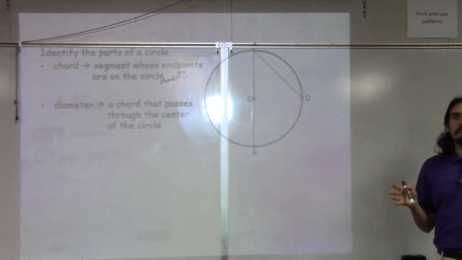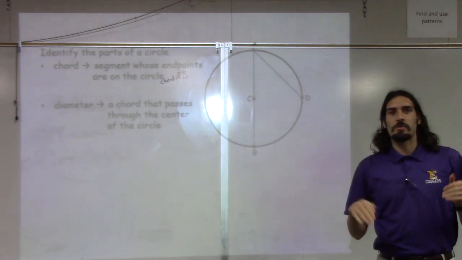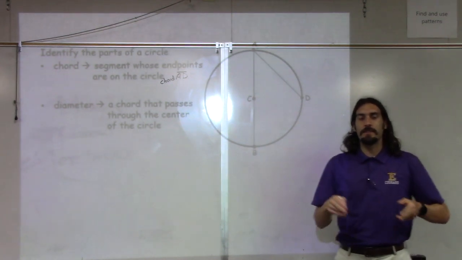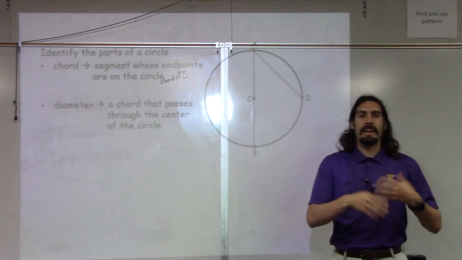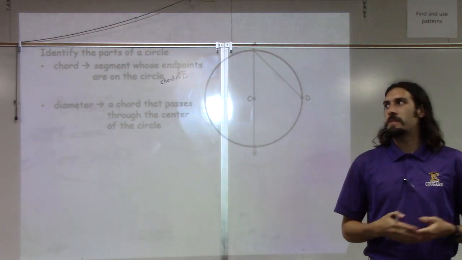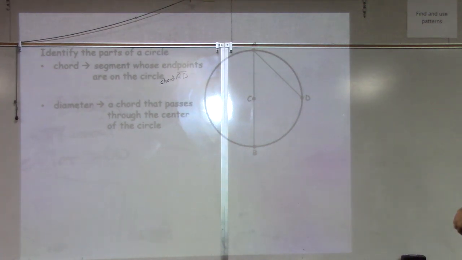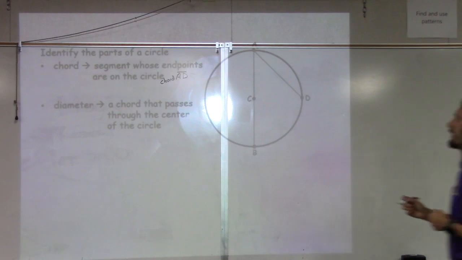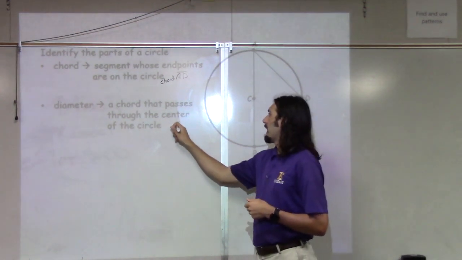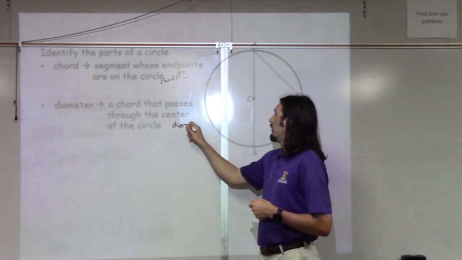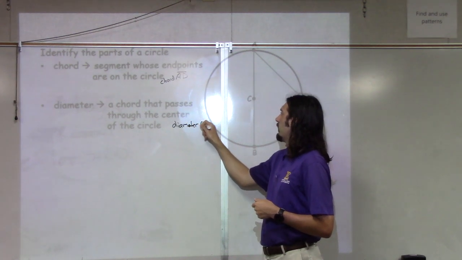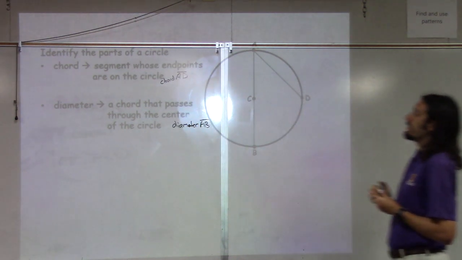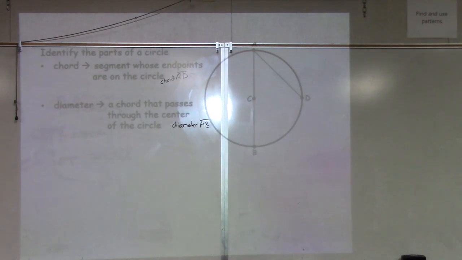You remember how a rectangle was 4 right angles, and then a square was 4 right angles and 4 congruent sides? It added an extra detail to be more specific. That's what's going on right here. So we would be able to say that in this diagram we would have diameter AB. So we've got a chord, we've got a diameter.